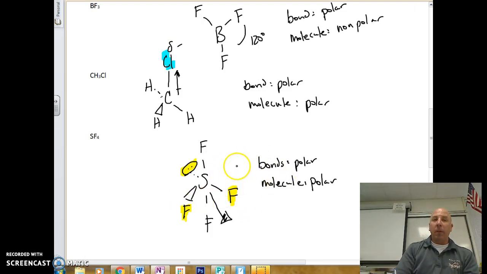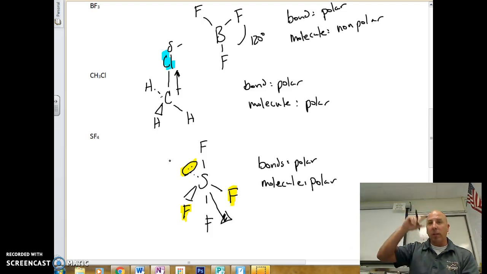So now, if we replaced this unshared pair of electrons, let's say with another fluorine, if that was possible, or something to that effect, then we would now have a symmetrical molecule, let's say 2 atoms on the axial up and down and 3 atoms on the equatorial, nice and symmetrical. Then we would have polar bonds, but possibly a nonpolar molecule.